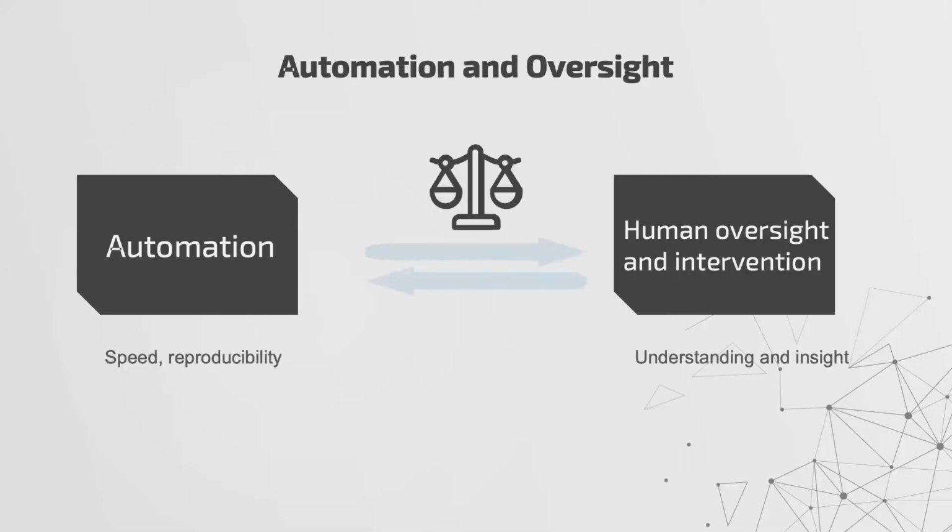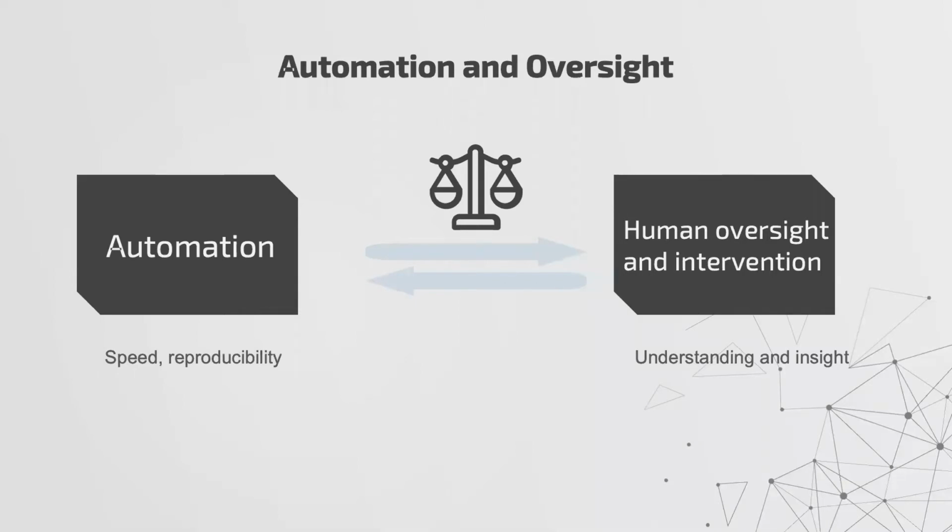So I just wanted to bring this up at the start, that there's always this balance between automation, which gives you speed and reproducibility. So, you know, in an ideal world, we just run a script and we just get numbers at the end. But the problem with that is it doesn't take into account the variability that you might have within your samples. And so on the flip side, you need some human oversight and some intervention. Sometimes you're going to need to adjust your selections. Sometimes you're going to need to throw samples away or some data away.